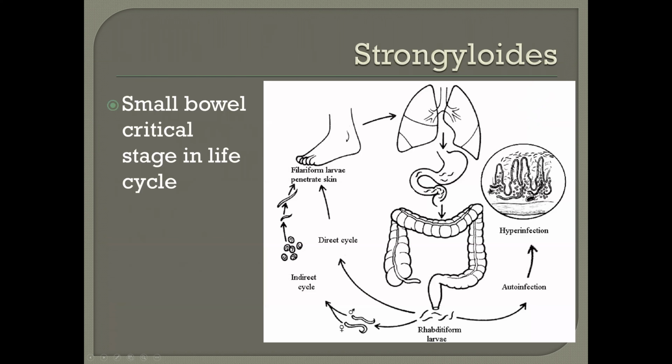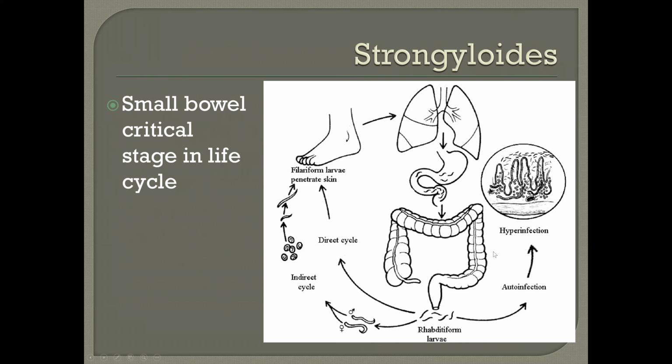Another fun infectious disorder to encounter in the small bowel is strongyloides, where the small bowel plays a critical role in the life cycle. As you can see here from this diagram, the larvae are expelled into the environment, and they can either proceed to go through a sexual cycle or directly penetrate the skin as the filariform larvae, migrate to the lungs, are swallowed into the bowel, and then become active and pass through the cycle again.